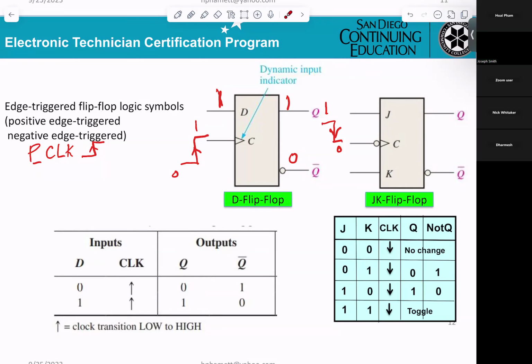If J equals 1, K equals 1, and the clock going high to low, the output toggles. What does toggle mean? It was 1, now it's 0, or it was 0, now it's 1. That's what we're telling you. Toggle.